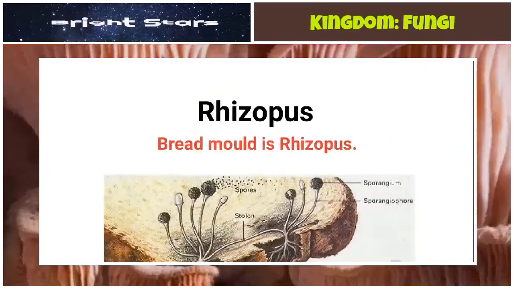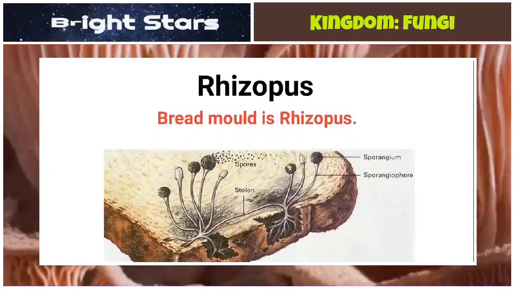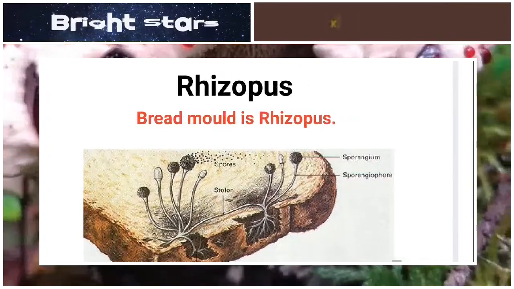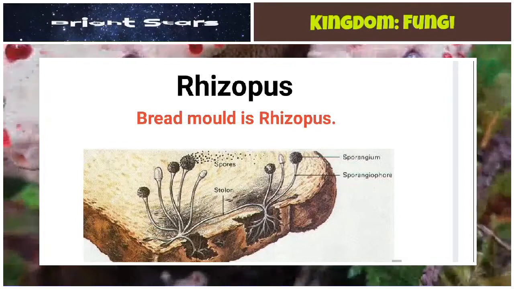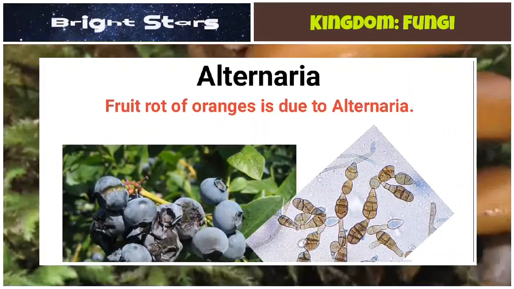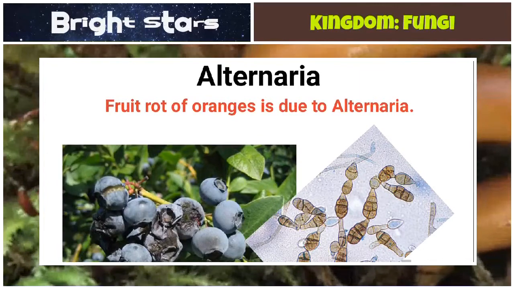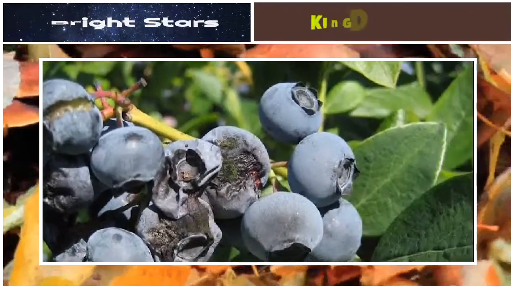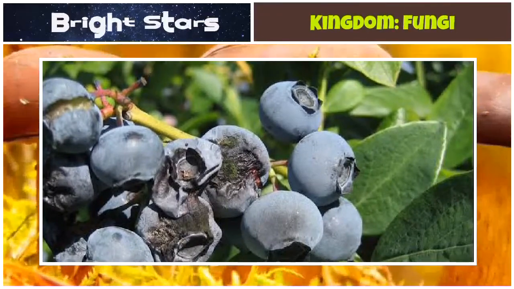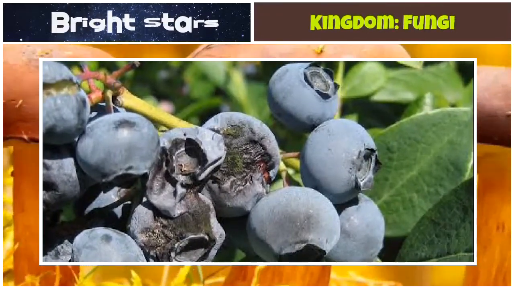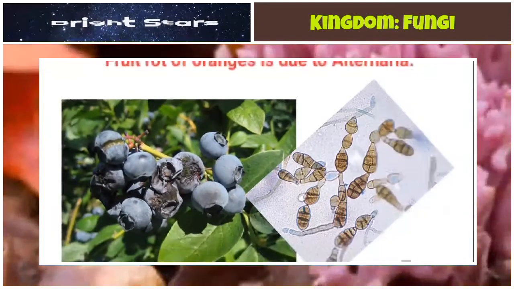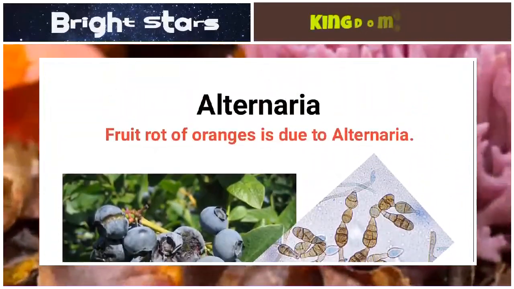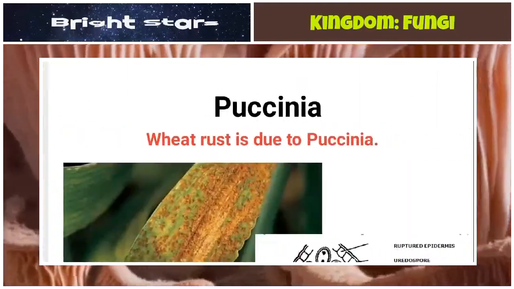So let us see some important fungi. Rhizopus, important species of fungus we can see here. Bread mold, that is called Rhizopus. In the same way, Alternaria causes fruit rot of oranges, and even here we have shown some other grape-like fruits. So these are blueberries. This rotting is due to the fungus called Alternaria.